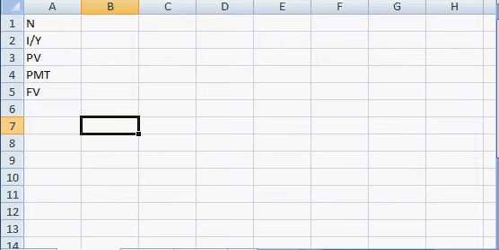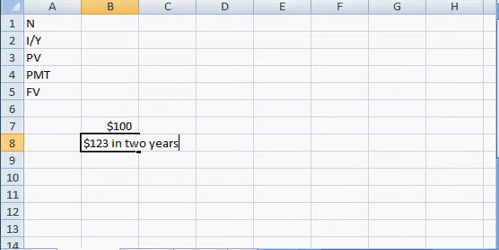So, for example, if I have $100 in my pocket today, and someone says, hey, I'll give you $123 in 2 years, risk free, if you give me that $100 right now.